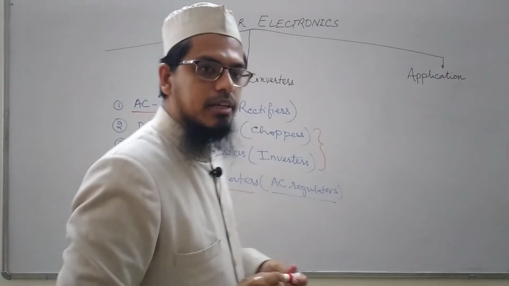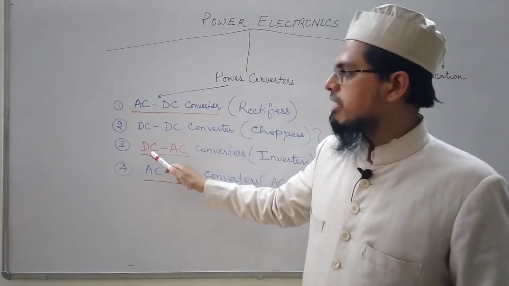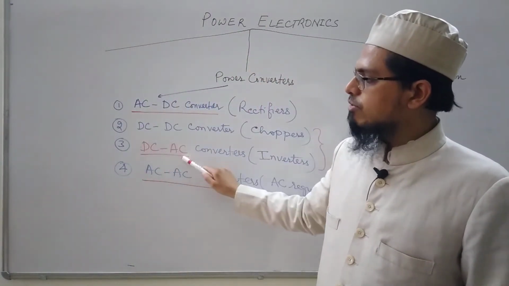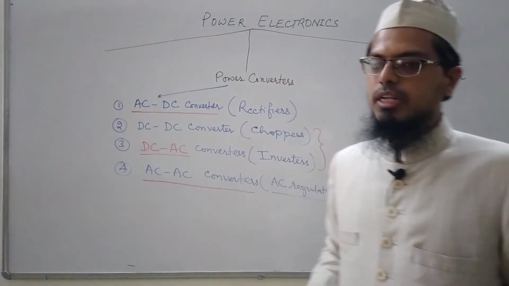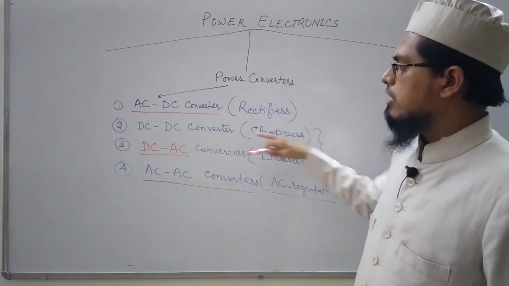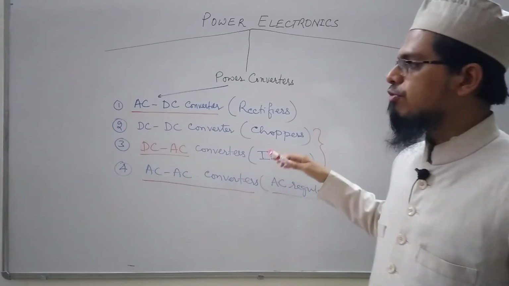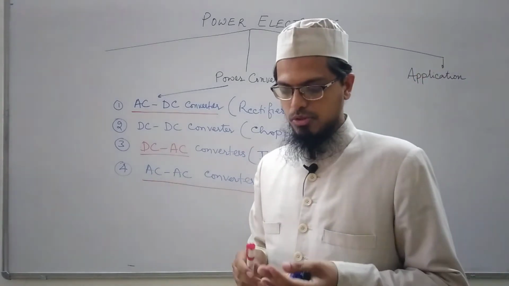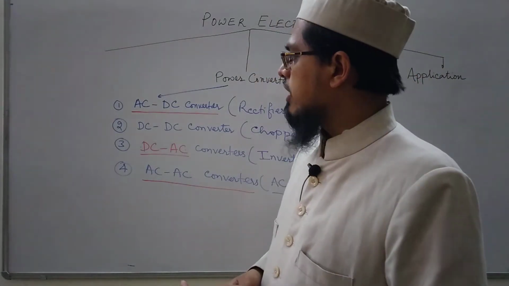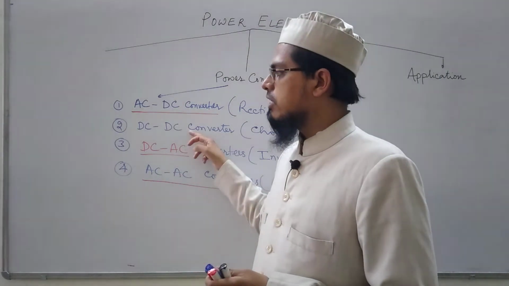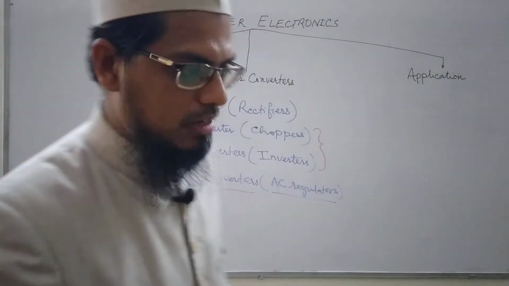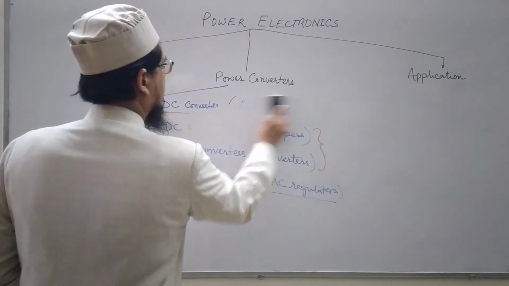Please correct it. I had made a mistake here. So this is the DC to AC converter, which is called an inverter, and these two converters, the DC to DC and DC to AC, we will be studying in this course. Let me focus more on these two converters. So I will erase it.